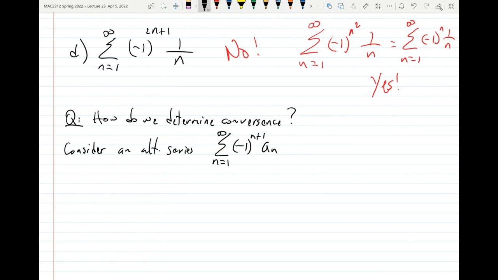Basically, this is equal to a1 minus a2 plus a3 minus a4 plus a5 minus a6, etc. Let's say that we want to determine convergence. Of course, we need to know something about the a_n, something about the sequence a_n, to be able to control what's going on here.